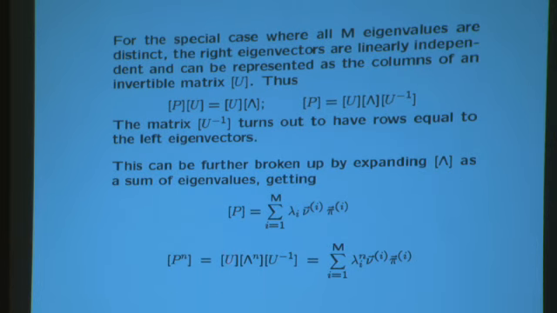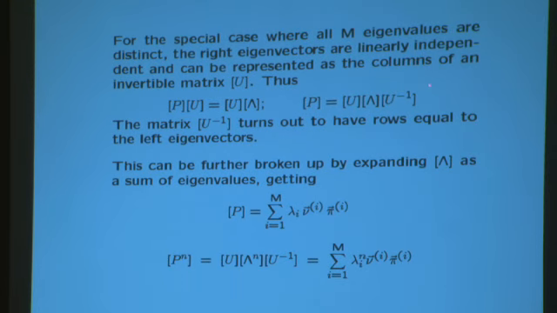More important, if you take this equation here and look at p to the n, p to the n is u times lambda times u to the minus 1 times u times lambda times u to the minus 1, and so forth.